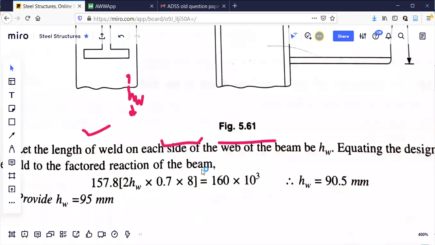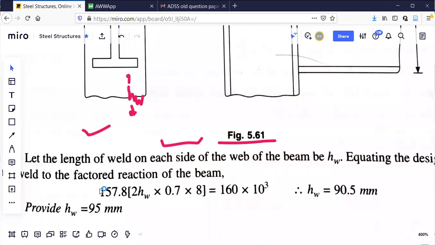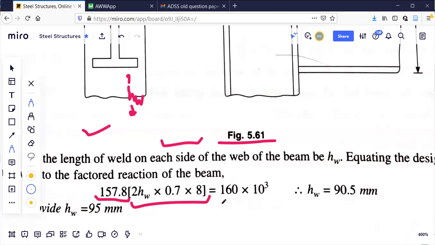So what is this 157.8? It is the stress in the weld, which is Fu by root 3 into gamma MW. Gamma MW was taken as 1.5. That value is this. Stress into area. So in this one, H is unknown, calculated.